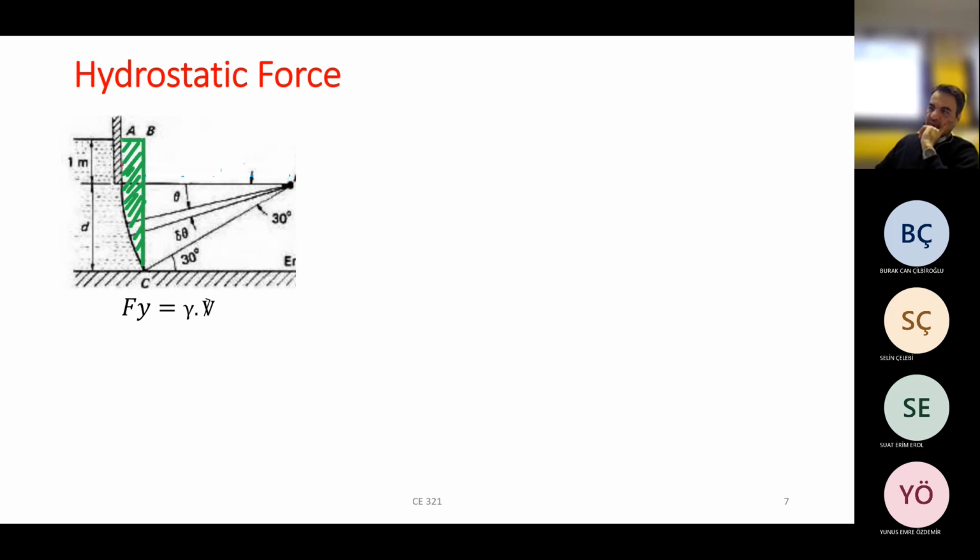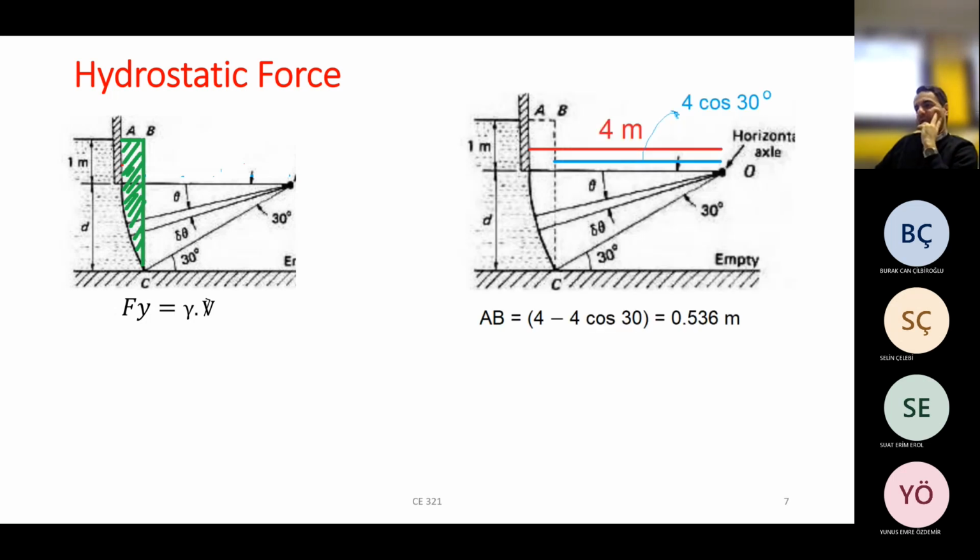To find this volume, I can calculate, for example, the area of a big rectangle like this, then remove the area of this part. Or let's see how I solved it here. To calculate this area, I first need to know this distance from here to here.